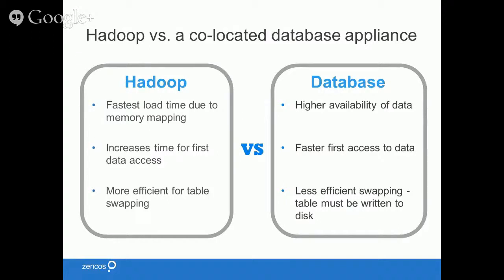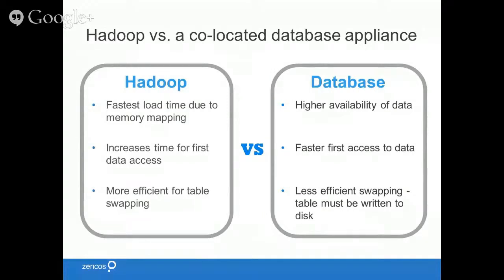I think as you can see from a Hadoop perspective, going from Hadoop into LASR has the fastest load time based on the way that it encounters and produces this memory mapping. It does, though, have a slower time than a database for first-time data access.